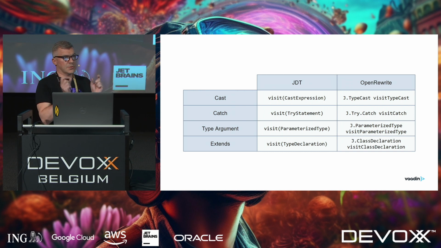But if you need control over this, there could be situations in which one of the node types would be treated in a different way. For example, if you have an interface and you're replacing the interface with another type that is not an interface, for example, an abstract class.